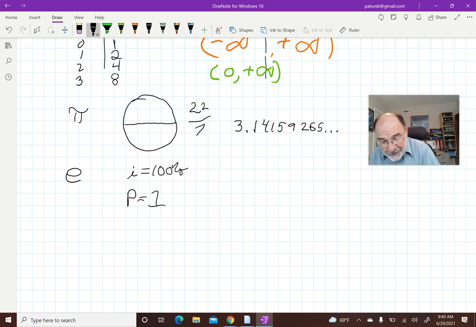And the first time you do the calculation, they're going to say, okay, suppose it is being compounded annually. Annually means once per year. Okay, once per year.